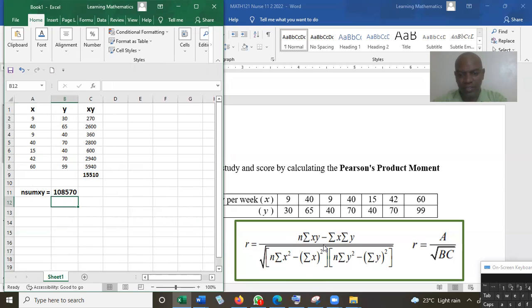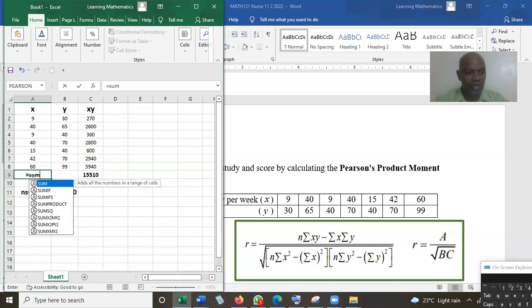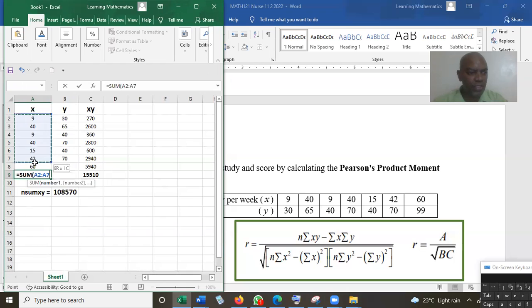Okay, now the second number says the sum of x times the sum of y. So here we have the x's. To find the sum of x, we just type equal sum, activate the sum function A2 to A8, enter. Here's the sum of x. We can drag the sum formula to the y, and this is the sum of x, and here's the sum of y.